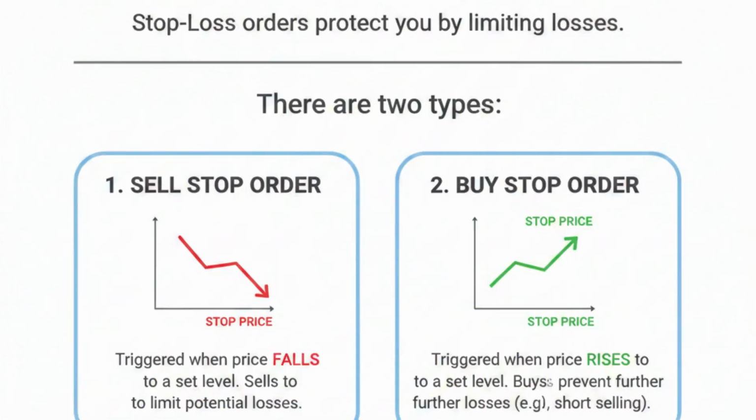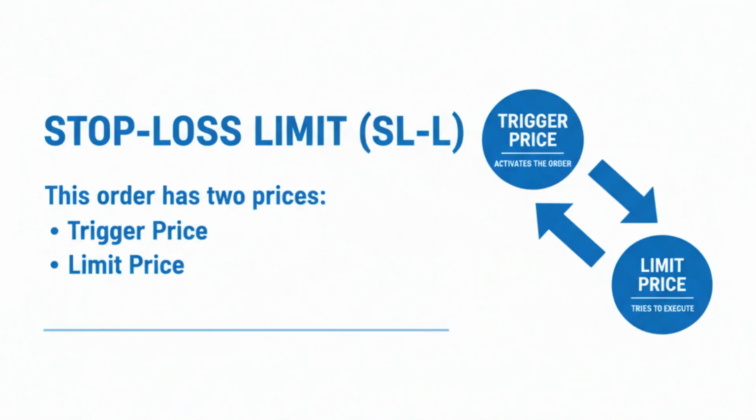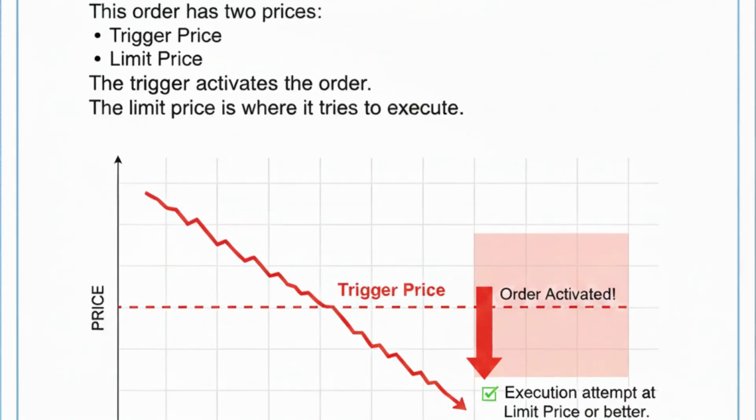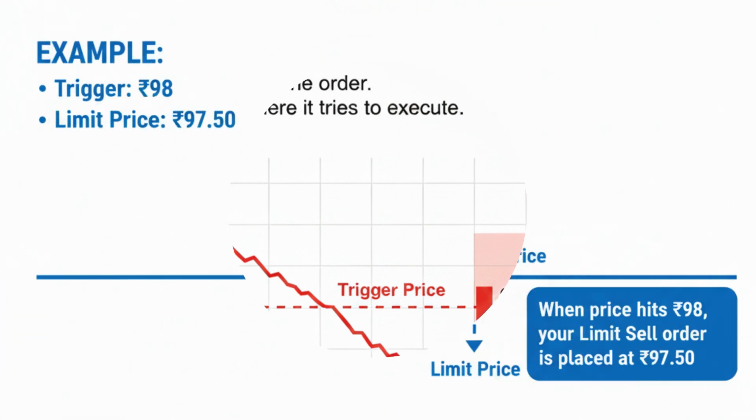Stop loss orders. Stop loss orders protect you by limiting losses. There are two types: stop loss limit. This order has two prices: trigger price, limit price. The trigger activates the order. The limit price is where it tries to execute.